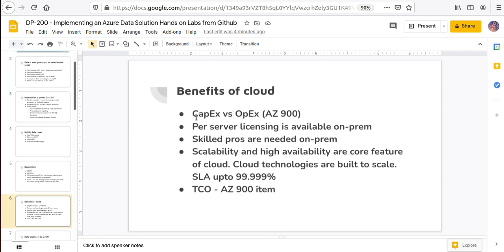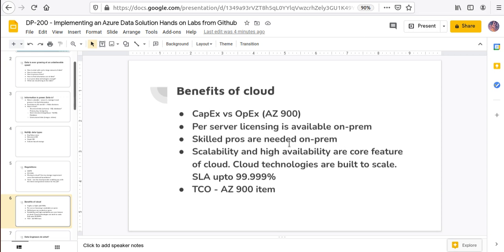Now again, for maintaining your own data center, you will definitely need highly skilled professionals, and they will have to understand and implement patches. If something goes wrong, they'll be responsible for backing up the data, making sure high availability is there, encryption is there.